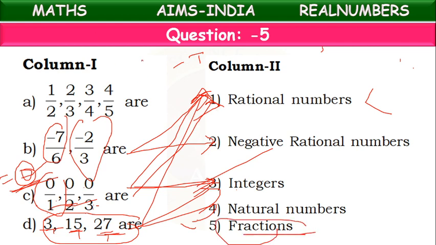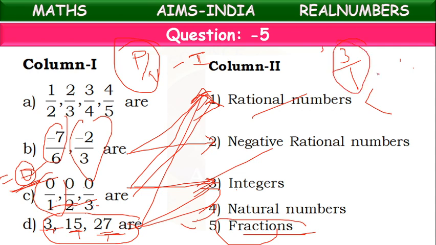Any number which can be written in the form p by q, where p and q are integers, is said to be a rational number. The given number is not in the form 3 by 1; we are assuming it as 3 by 1. If it were given like 3 by 1, then we could say it is a fraction. But it has not been given, so we assume it as 3 by 1. So it's a rational number, not a fraction. It's a natural number, an integer, and a rational number.